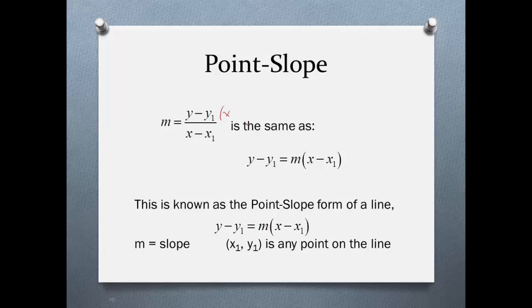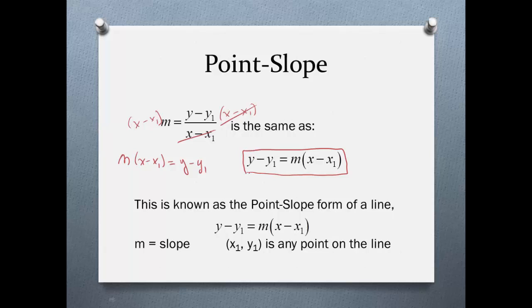If you multiply this fraction by x minus x1 on both sides, then on the right side the x minus x1 will cancel, and if I switch the order of multiplication, I have m times x minus x1 equals y minus y1. Then if I switch the sides that the x's and y's are on and rewrite it, I get this. And this is what's known as the point-slope form of a line.